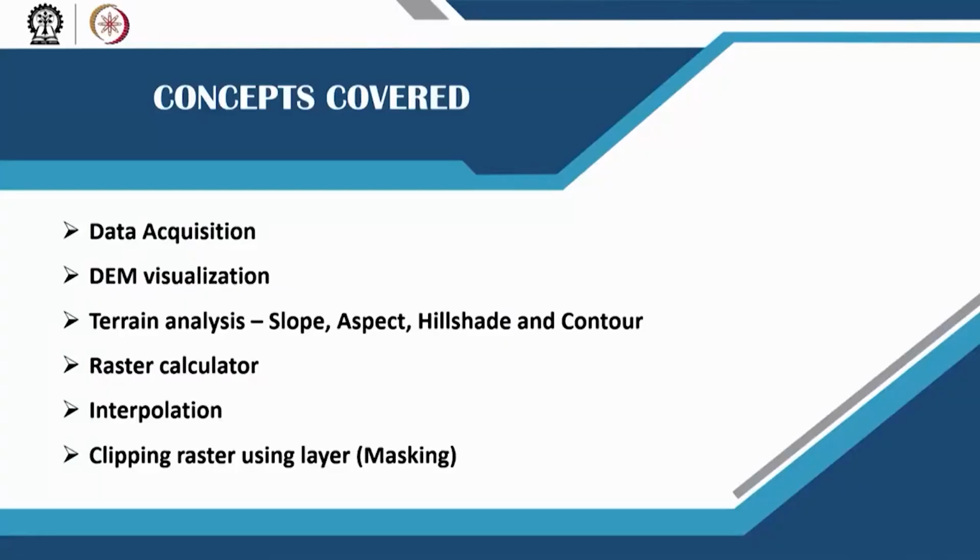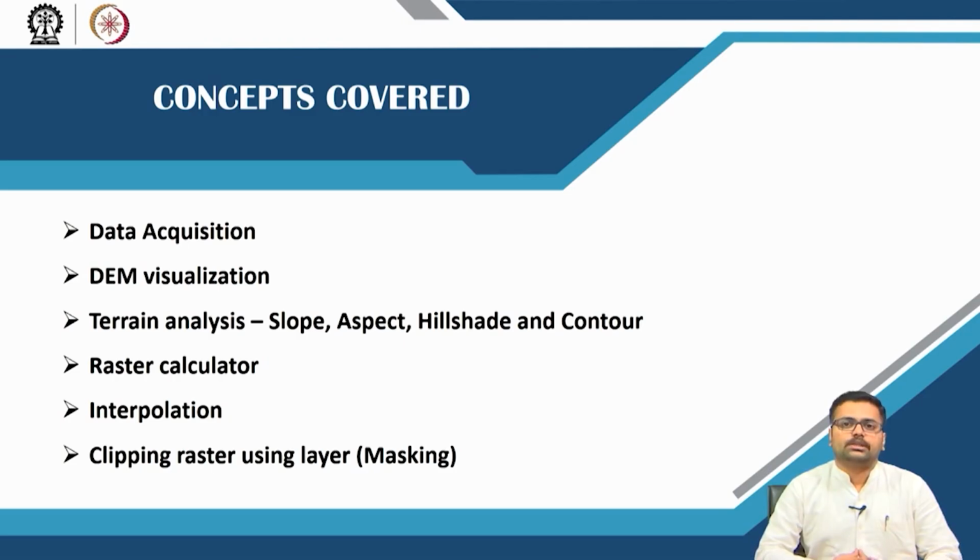In this class we are going to first understand where can we get the raster data from, how to download raster data, and then we will just visualize digital elevation model downloaded from USGS Earth Explorer. Following that, we will also see how to perform terrain analysis such as slope, aspect, hill shade and contour, etc. And then we will see how a raster calculator works.